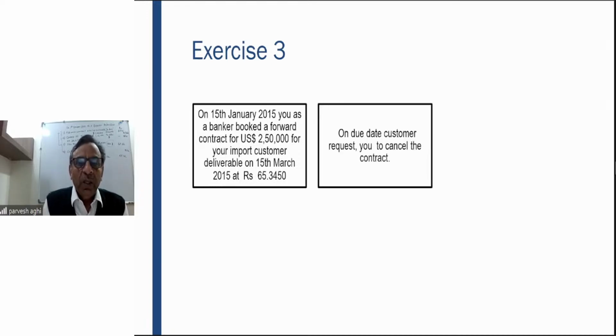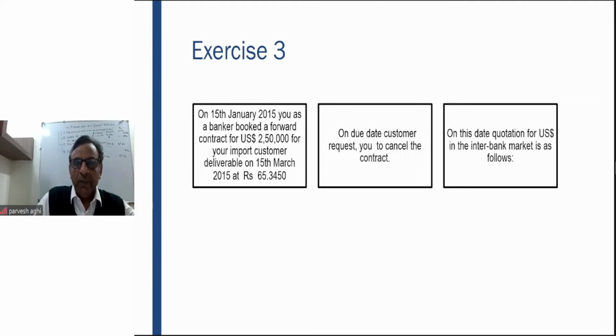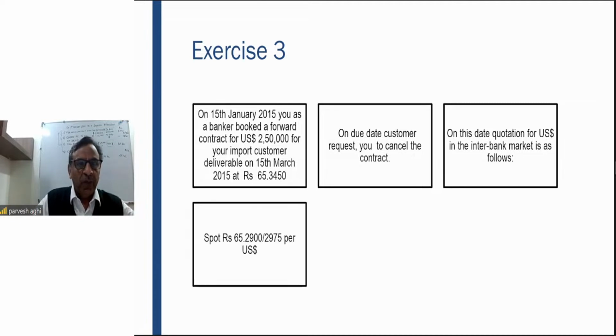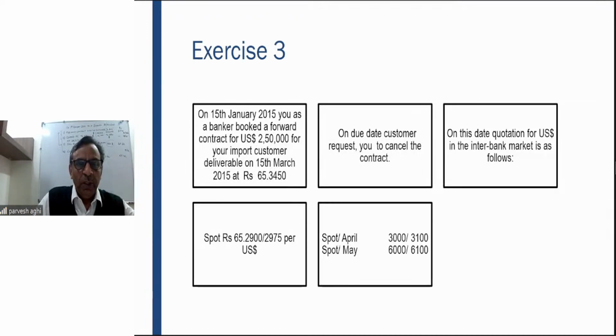On the due date, the customer requests you to cancel it. You have already entered into a contract with the bank, and now the customer says that I want to cancel this contract. On this date, quotation for US dollar in the interbank market is as follows. The spot rate is 65.29 oblique 2975 per dollar.